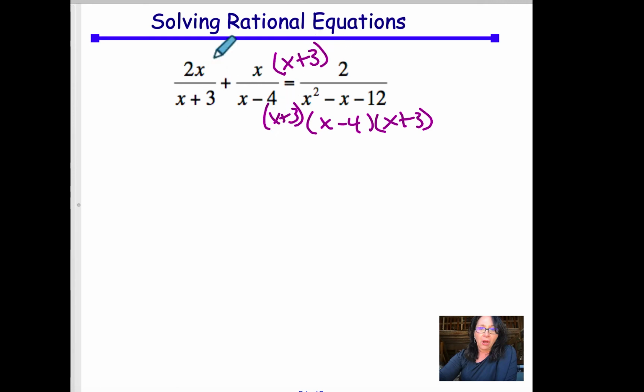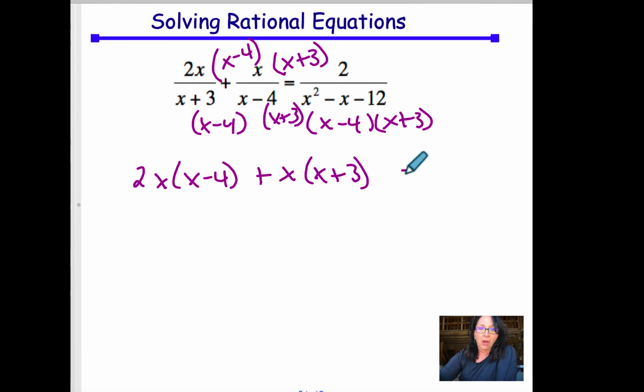And this term I'm going to multiply by x minus 4 over x minus 4. Because what happens here is you're going to end up with 2x times x minus 4 plus x times x plus 3 is equal to 2. And all of these are underneath this umbrella here, that's the x minus 4 times the x plus 3.